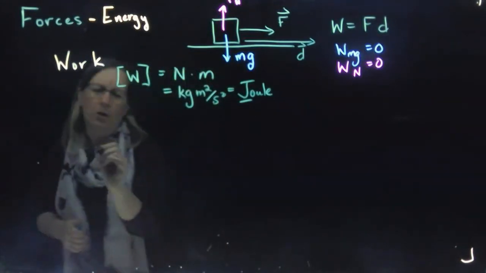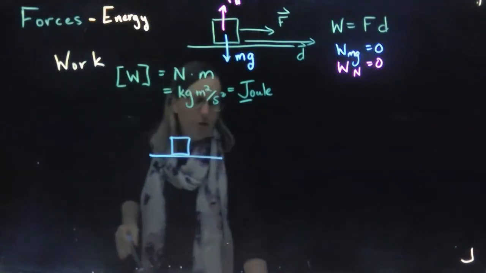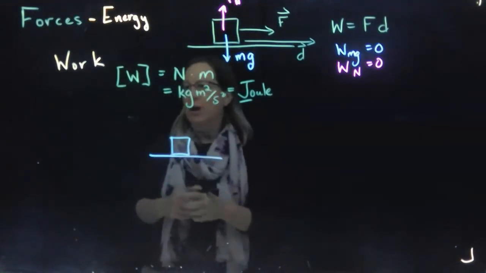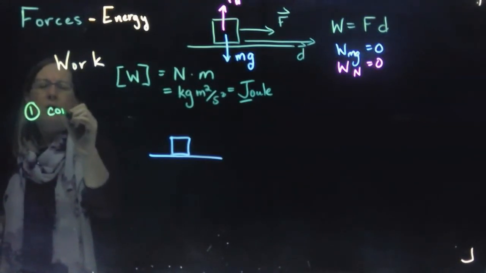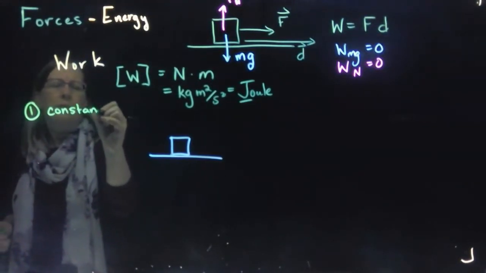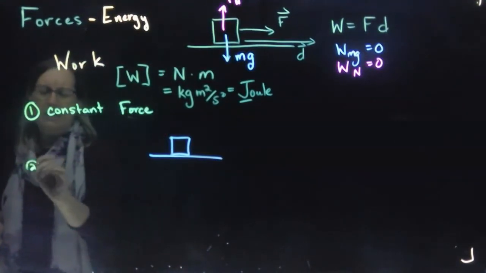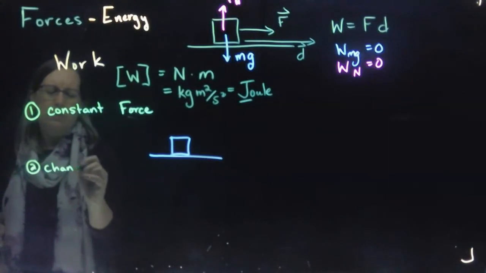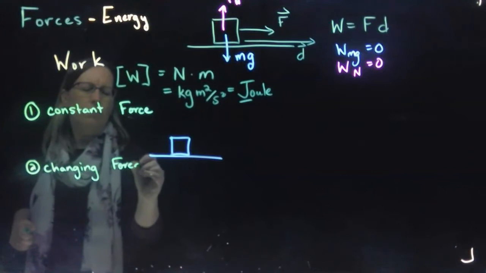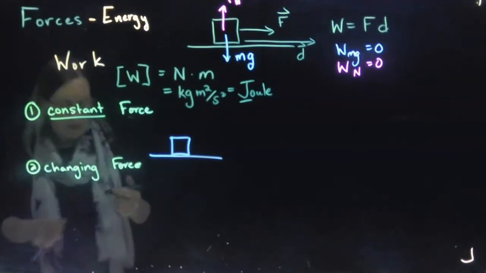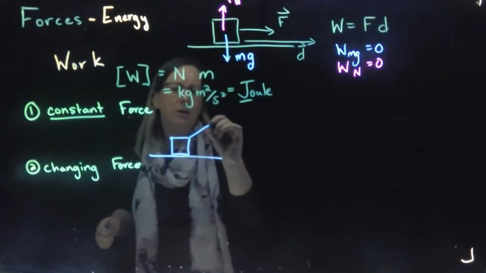So for example, if we have a force like this, and I'm going to focus really on constant forces like we have here. So there are really two cases here. I'm going to focus on constant force, and then eventually we're going to need to get to changing forces. But for right now, we'll just stick with a constant force. So let's say we have a constant force in this case, but now it's up in this direction.